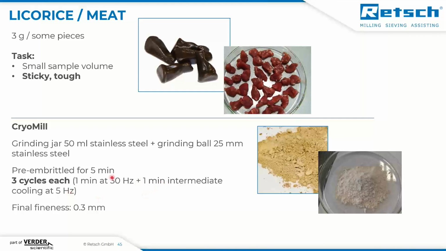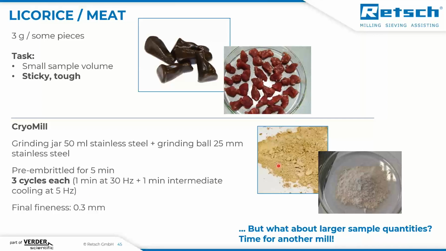And we repeat this cycle 3 times. And in total, then it's 1 plus 1, 2 times 3 times, up to 6 minutes grinding time in total, or process time, plus the 5 minutes, and in 11 minutes we were able to crush the sample. And it's very reproducible because we do not have to fetch the sample, take it out, put it into the bath again, and so on.